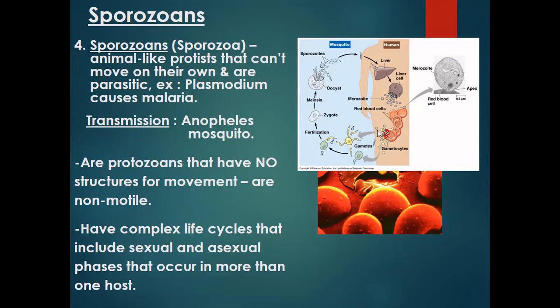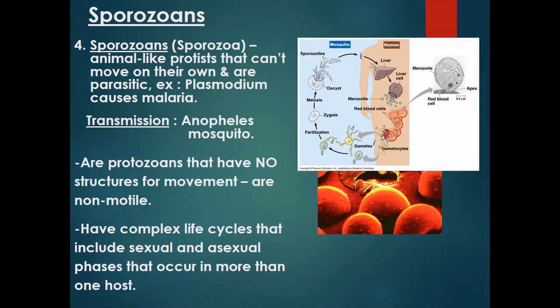They will attack and infect the red blood cells, then continue their development. From merozoite, they go into the RBC, releasing their contents, like a bacteriophage, like a virus.